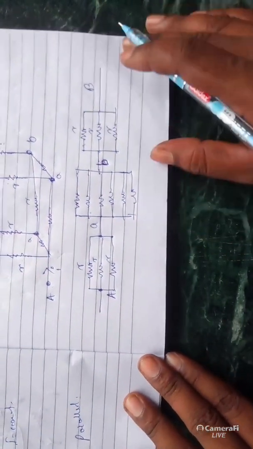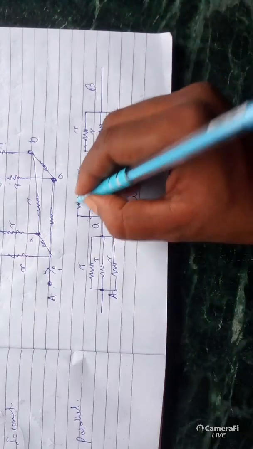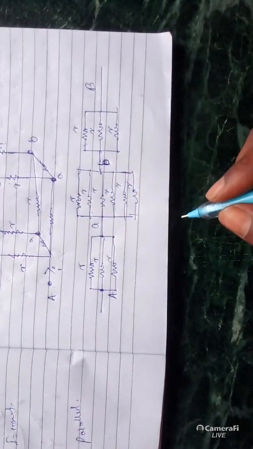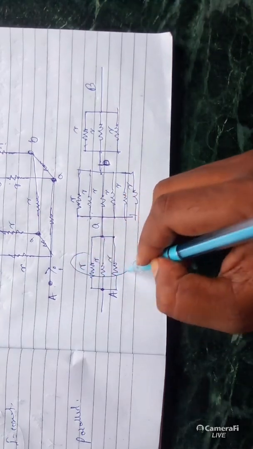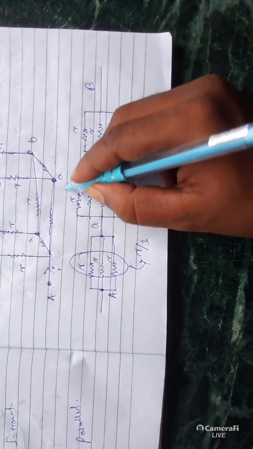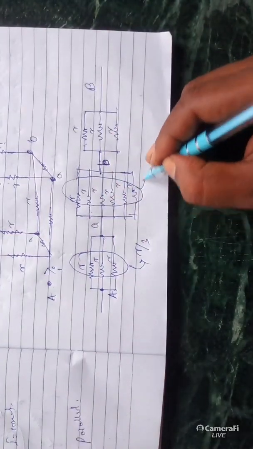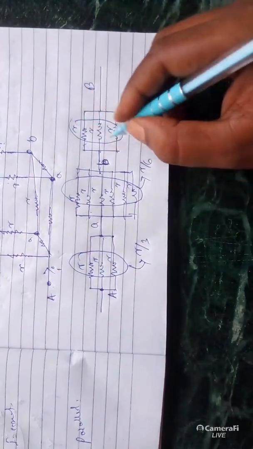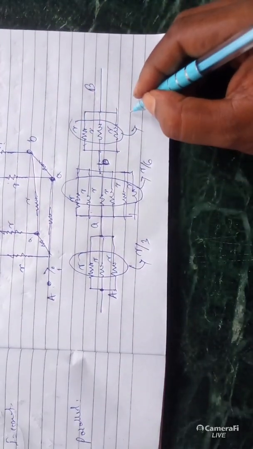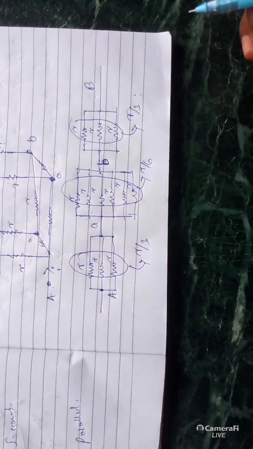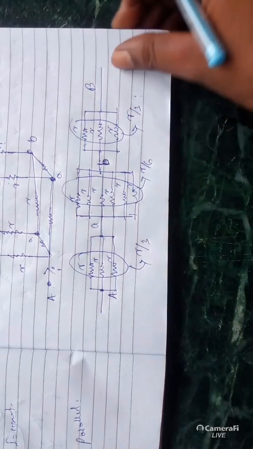So 6 resistances are there. From this circuit you can easily see every resistance is r. So what will be the equivalent resistance? The equivalent resistance of these 3 is r by 3. The equivalent resistance of these 6 will be r by 6. And the equivalent resistance of this other set is r by 3.